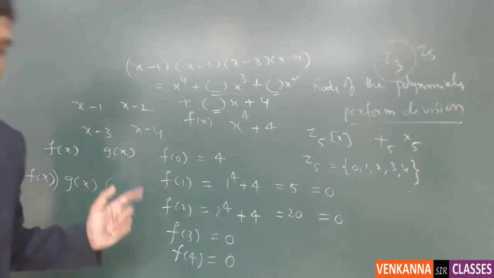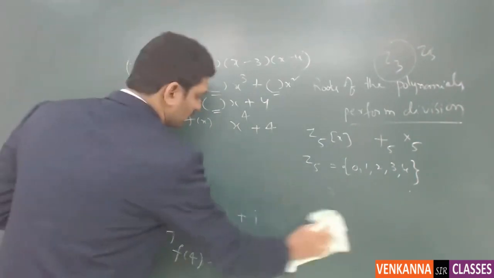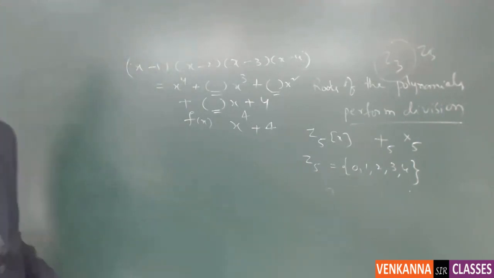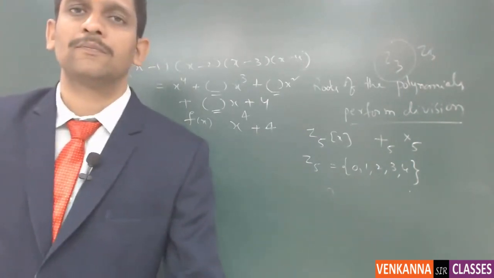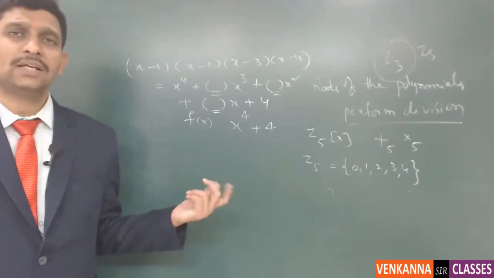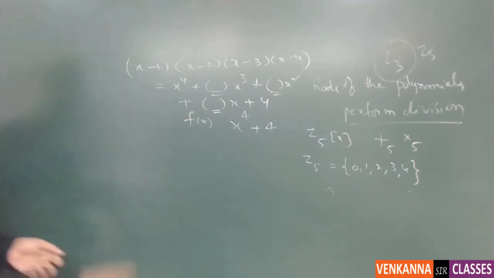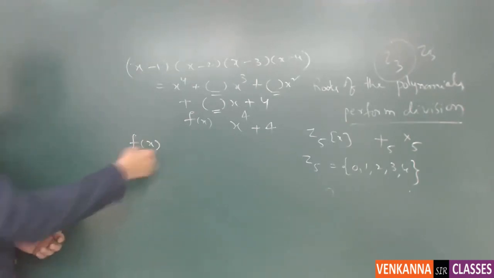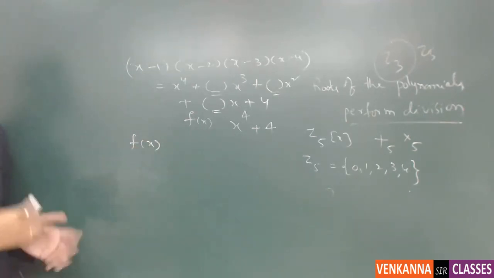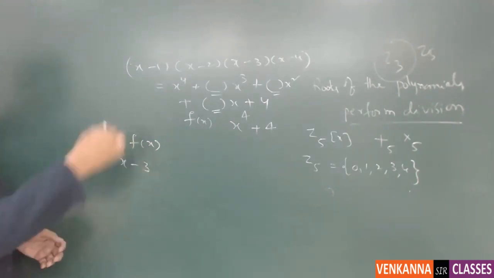And one interesting thing we can observe is, what will be the remainder when you divide a polynomial, especially with a linear polynomial. Let me say I have taken a polynomial f of x, and I just want to know what the remainder is if I divide with x minus 3.